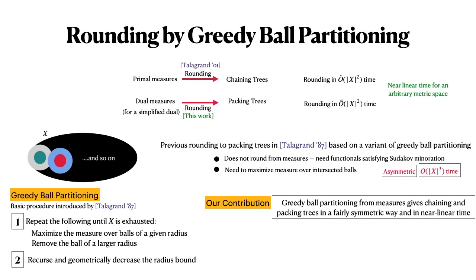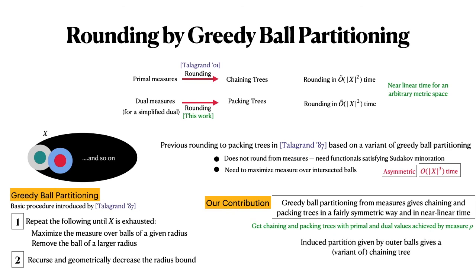So in particular, given an input measure rho, we can get chaining and packing trees that achieve the value attained by the corresponding primal and dual programs. And also, the algorithm is fairly symmetric. In particular, the induced partition that is given by the outer balls in this greedy ball partitioning gives us a variant of chaining tree.